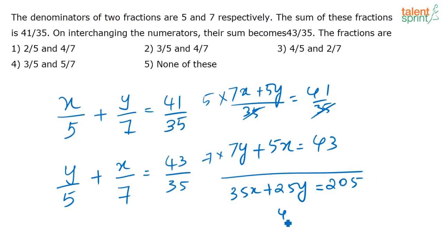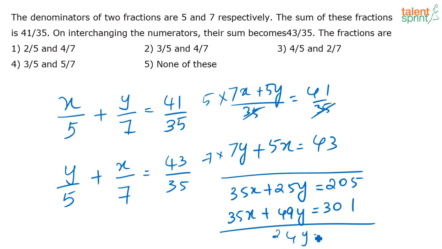Now this is 49y plus 7 5s are 35x, that is equal to 43 into 7, that is 301. Then you have to subtract these two. 49 minus 25 is 24. 24y is equal to 96. From this you get y is equal to 4, and then if you substitute y is equal to 4 in this equation, you get x is equal to 3.